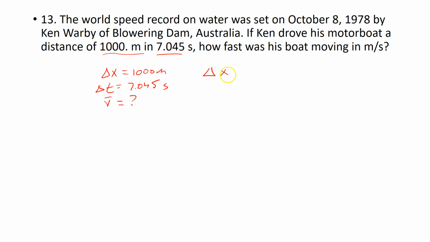We know that the change in position then is just equal to the velocity times that change in time. Our velocity here, we want to solve for velocity, so velocity is just the change in position over the change in time. Change in position is 1,000 meters, change in time is 7.045 seconds, and if you divide those two, you get 141.9 meters per second.